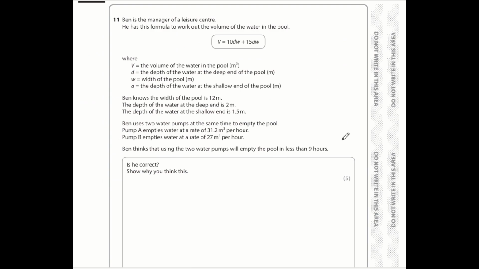Question number 11. There's a lot of words here, but we're using the formula, which is V equals 10dW plus 15AW. And we've been told what V means, so we can work out the volume of the pool provided we know D, which is the depth at the deep end, W, the width of the pool, and A, the depth at the shallow end.